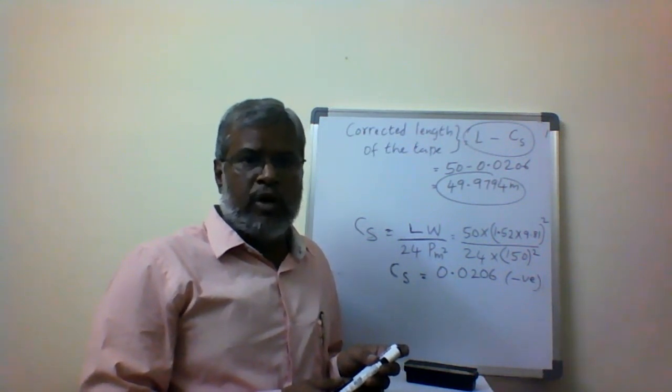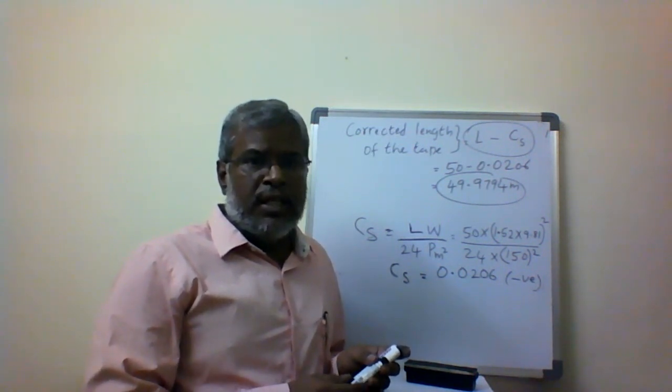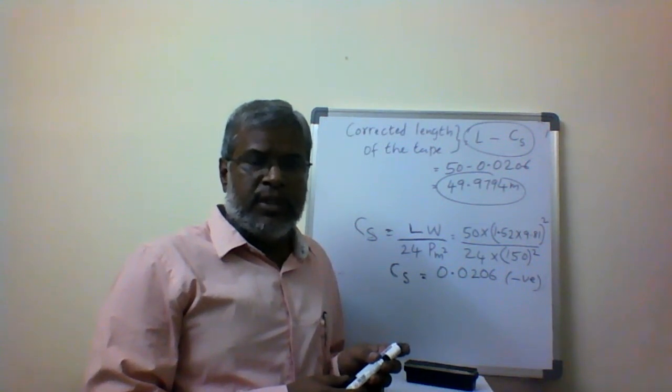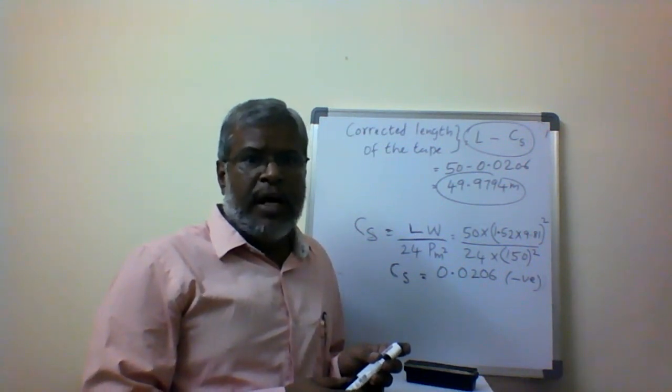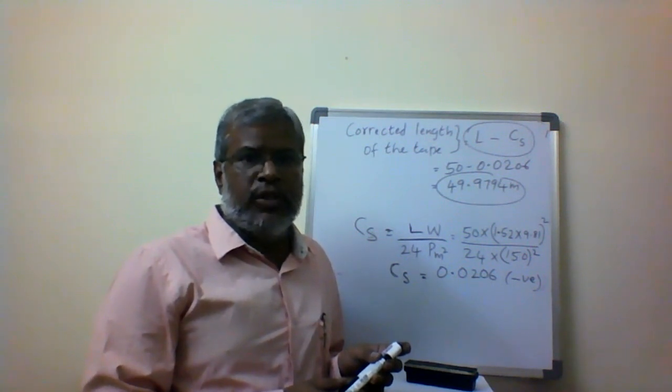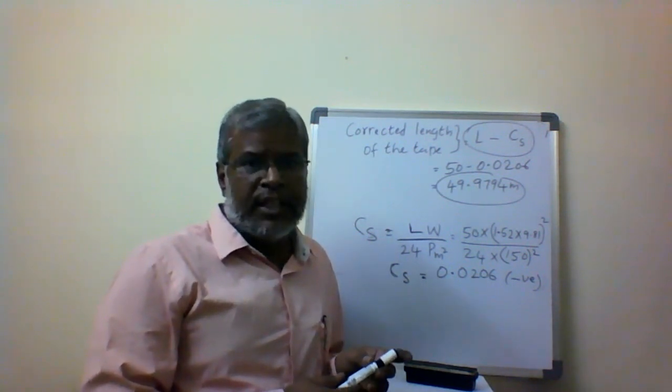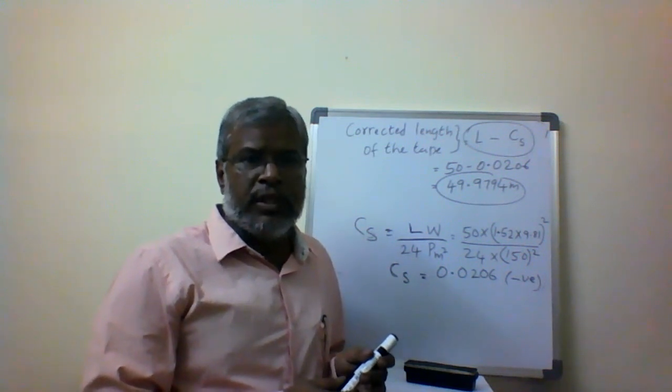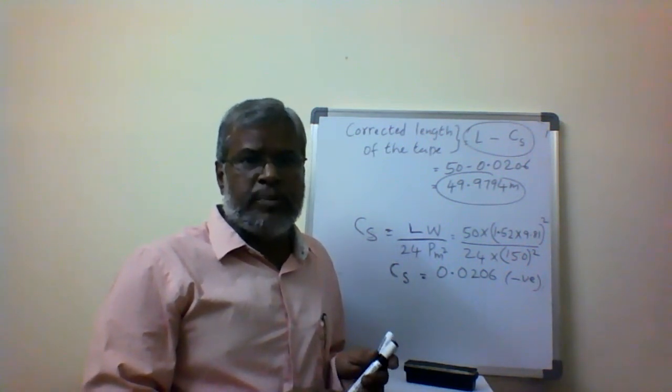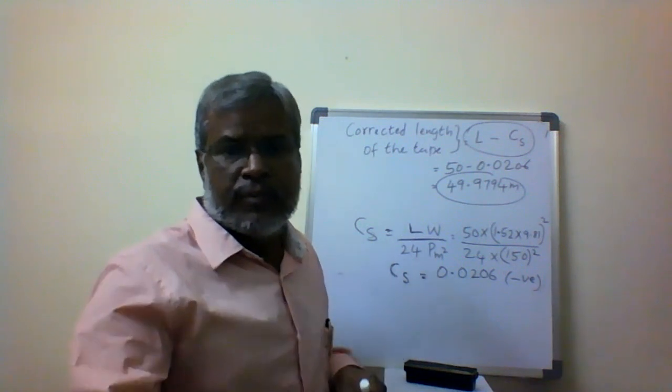With this we complete linear measurements, and the second part is direction measurements. In the next session, we will go for direction measurements using the compass, the prismatic compass. Thank you.